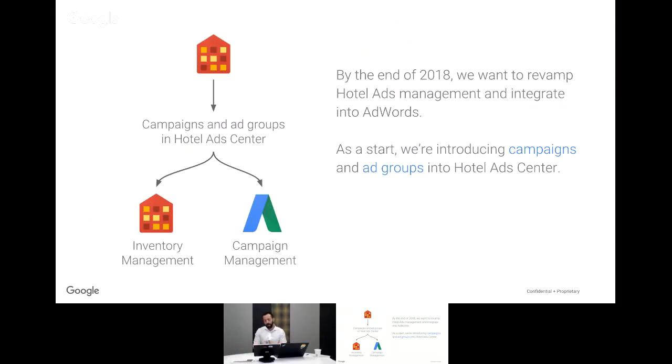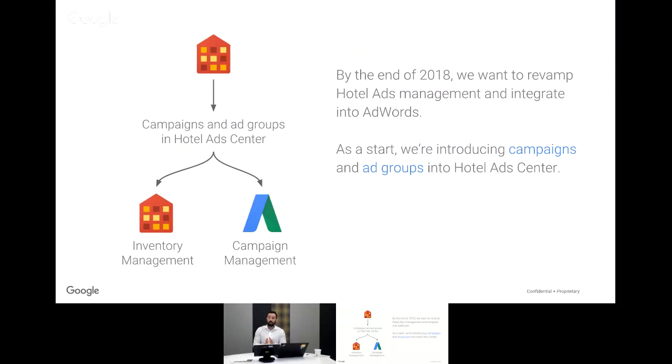In launching campaigns, we iterate on current features and, based on integrated feedback that we heard from hotels and travel agents, we really try to improve the advertising experience from soup to nuts. So by the end of 2018, we will integrate hotel ads into AdWords. So you have a streamlined way to manage your hotel ads budgets and performance and refocus the hotel ad center to help you manage your hotel inventory coverage.